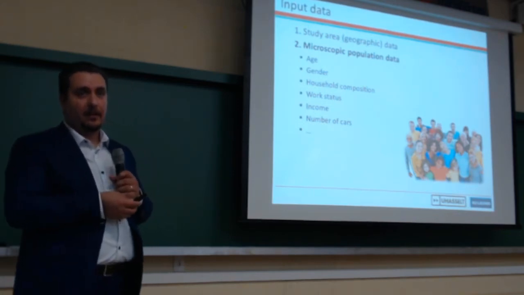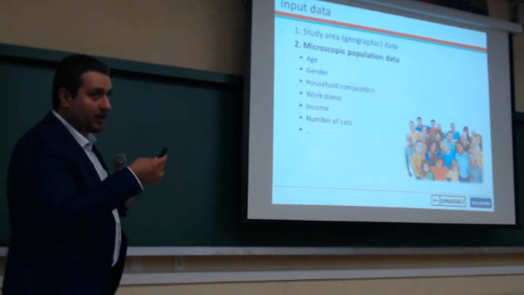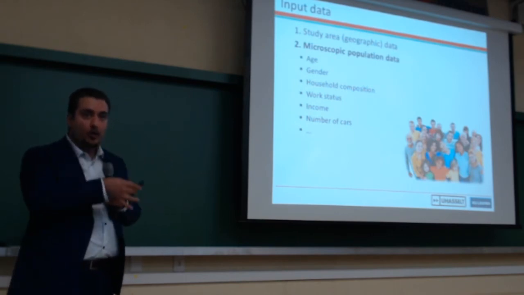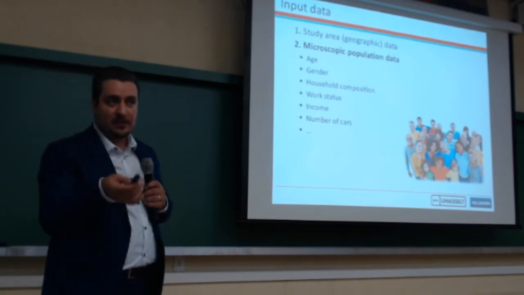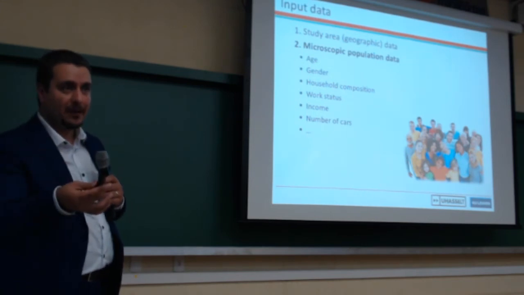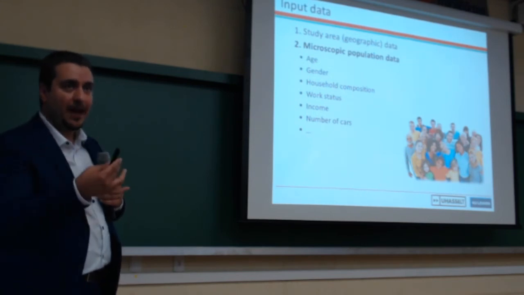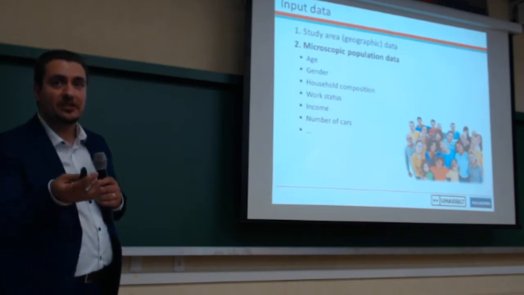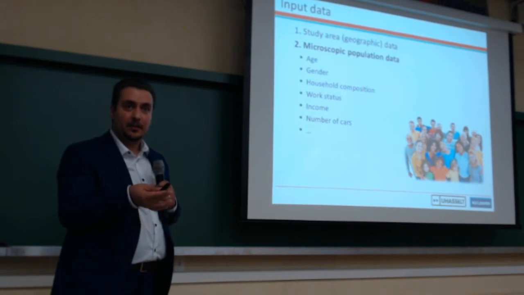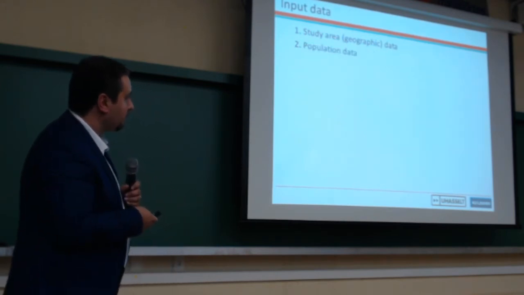Later on, you'll see how age or gender could be different for different scenarios. You can imagine that age or gender can have an impact on people's behavior and their decisions: what to take, where to go, and how and when to do that activity.